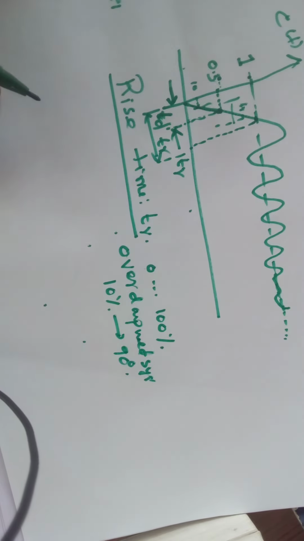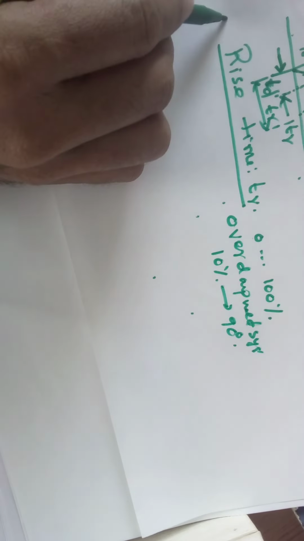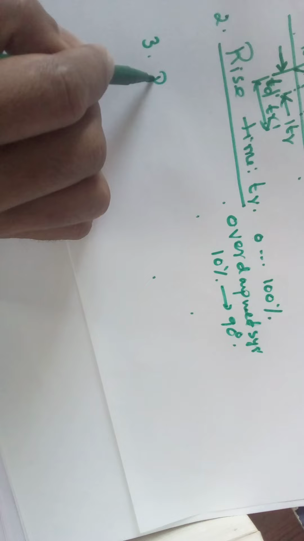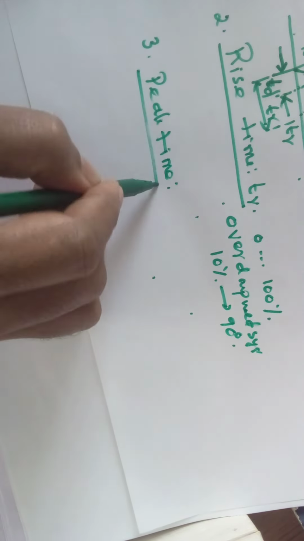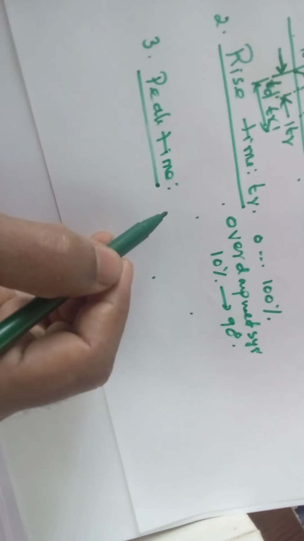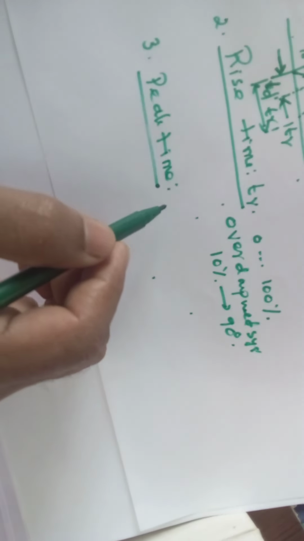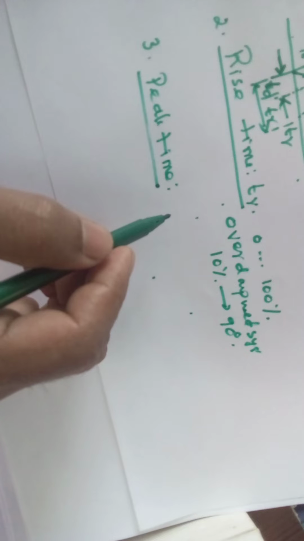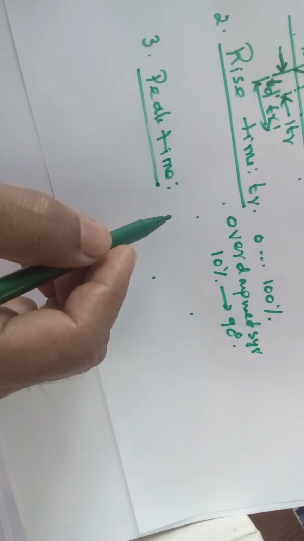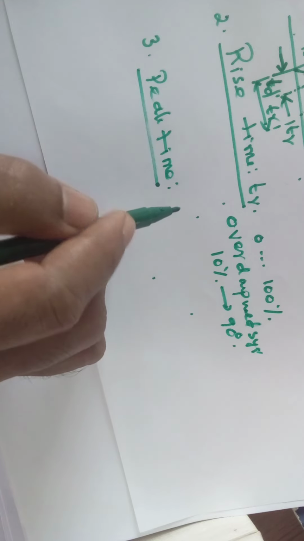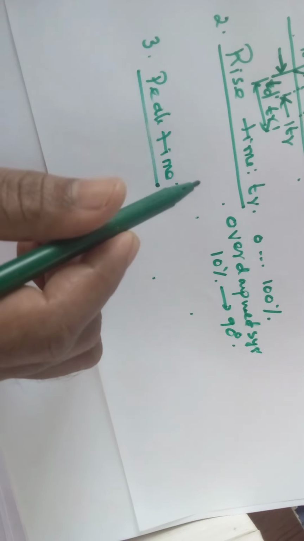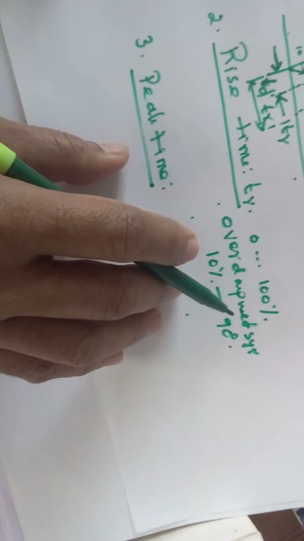The next time domain specification is your peak time. What is peak time? Peak time is the time taken for the response to reach the peak value the very first time, or we can say it is the time taken for the response to reach the peak overshoot MP. Understood? So what is the peak value? See this response.